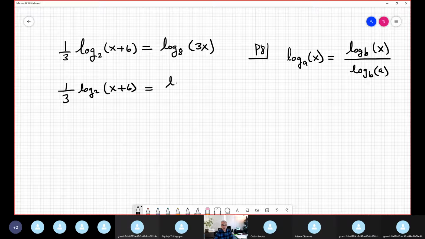Actually is logarithm of base 2 of 3x, que is the expression inside this in our specific example. No? In the formula, I put x in general, but this is 3x divided by logarithm base 2 of 8, que is the original base. Okay, do you understand this idea or no?